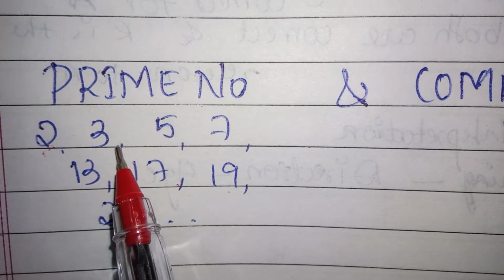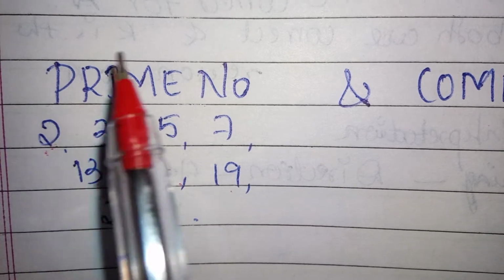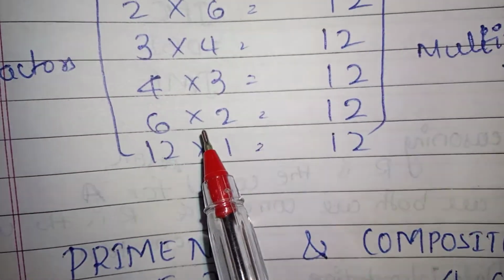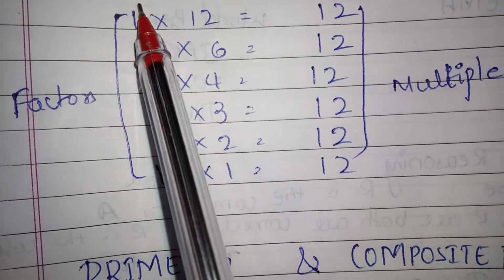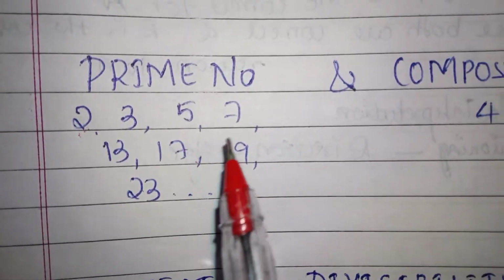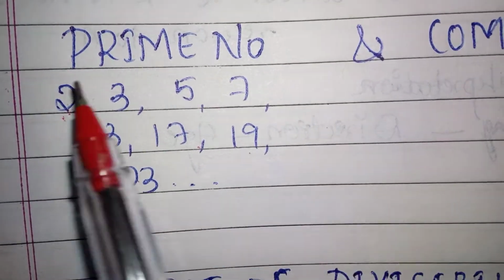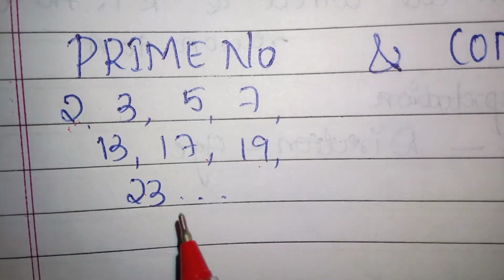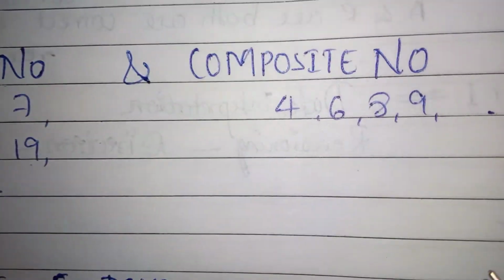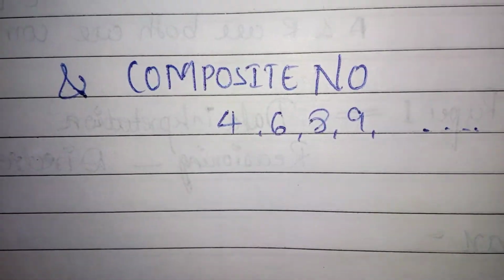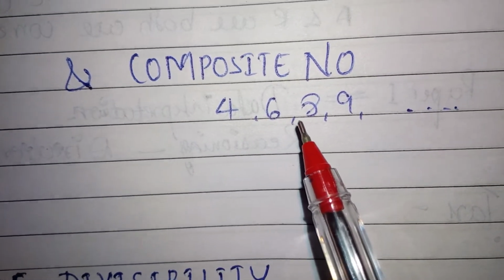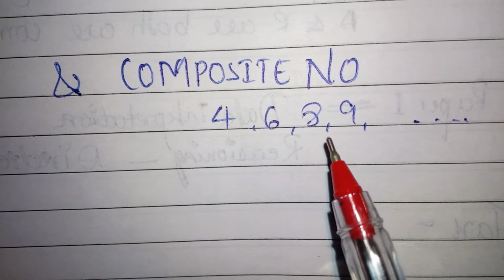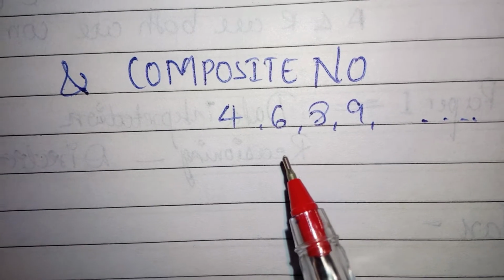You cannot get these numbers by multiplying two other numbers like how you did here. To get 12 you got so many factors, but these numbers will not have any factor other than the number itself. And what are composite numbers? The opposite of prime numbers. Composite numbers are the numbers which can be multiplied by using other numbers.